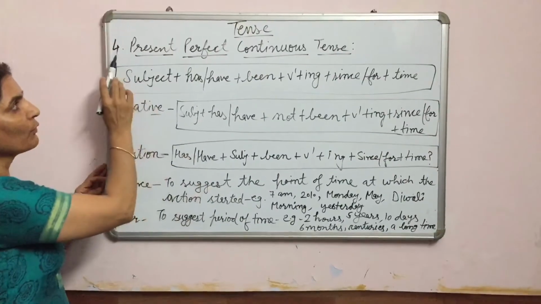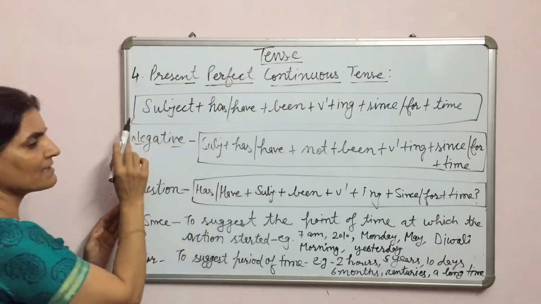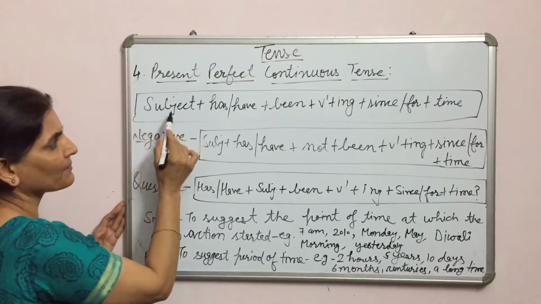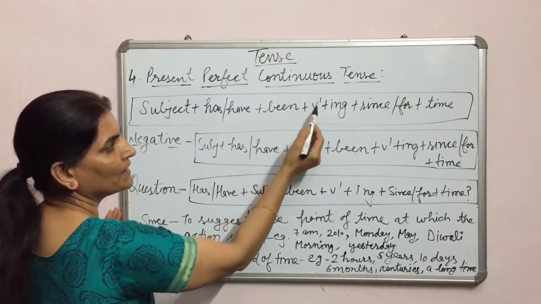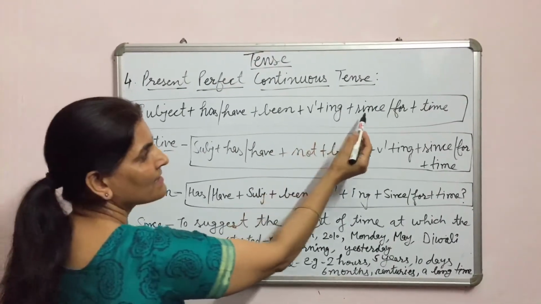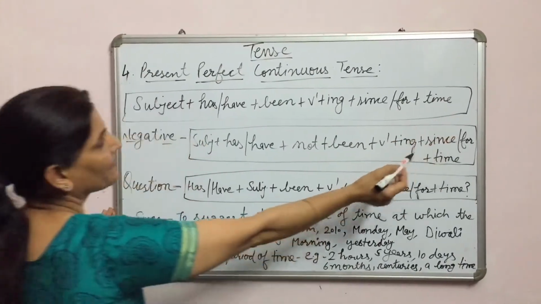Let us do the fourth one, present perfect continuous tense. The sentence structure for this tense is subject plus has or have plus been plus V1 plus ing plus since or for plus time.